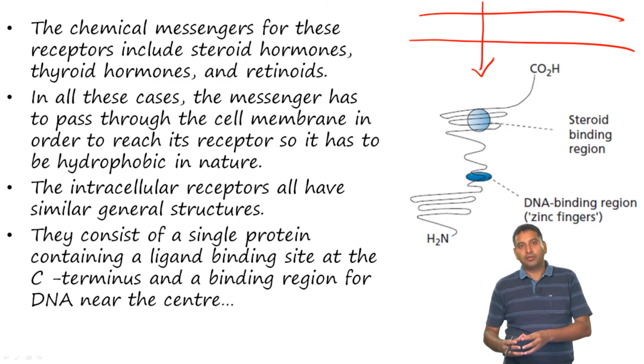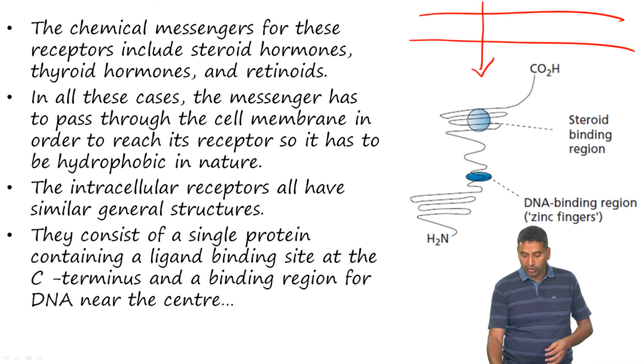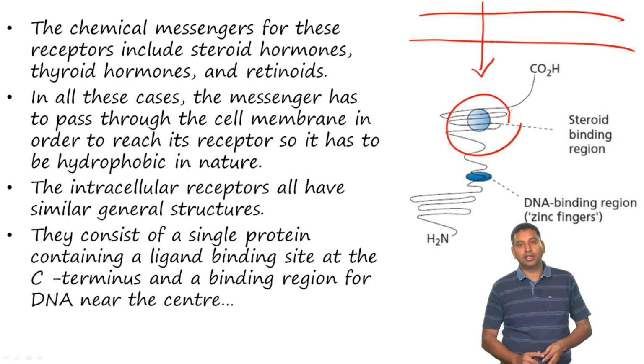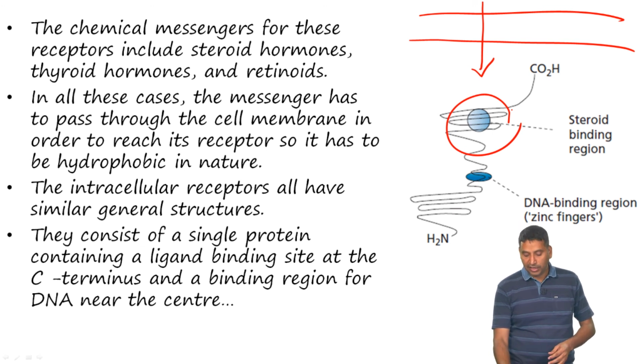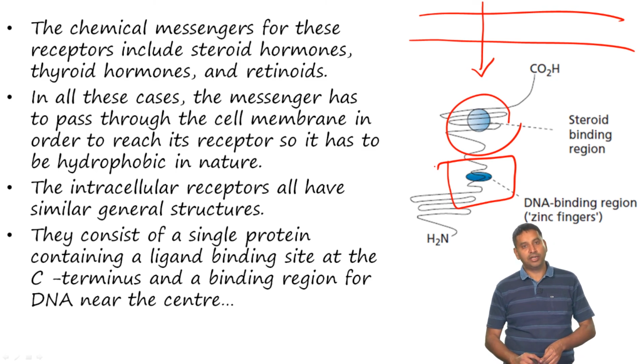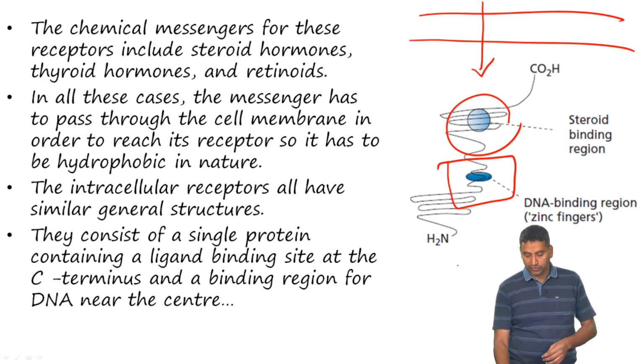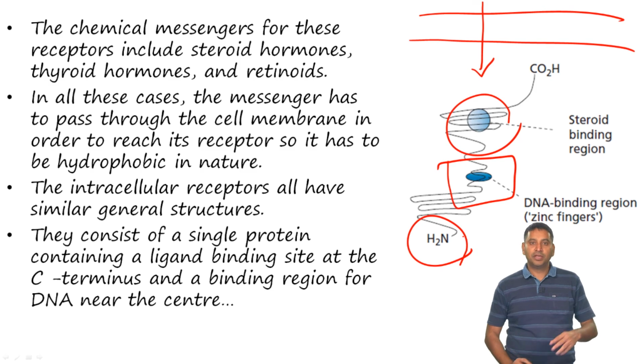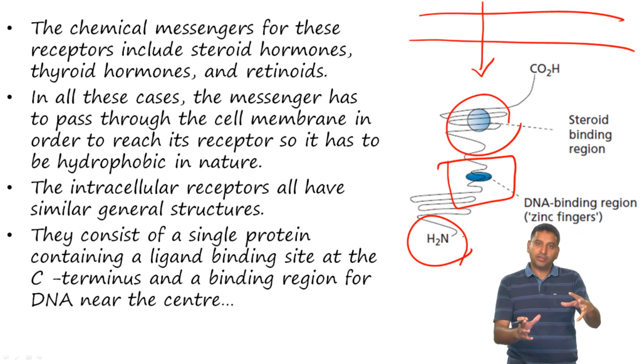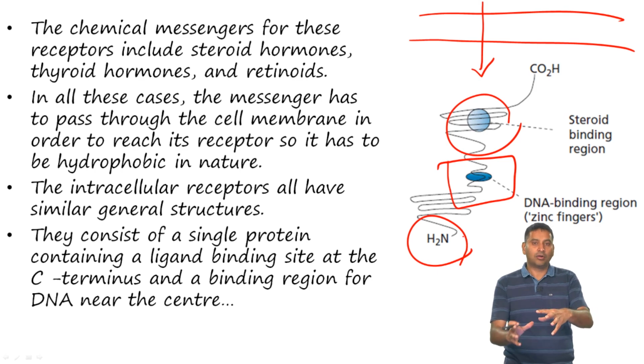They all typically have very similar general structures. They all have a steroid or ligand binding region and a DNA binding region. We will look into this in a little more detail shortly, and here is the N-terminus. These are a single protein containing all these various components.